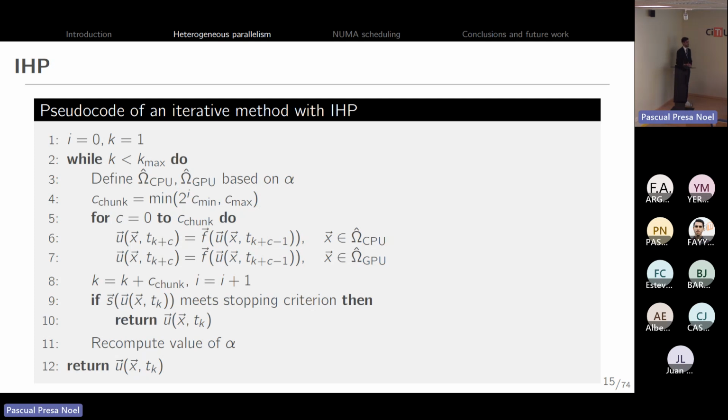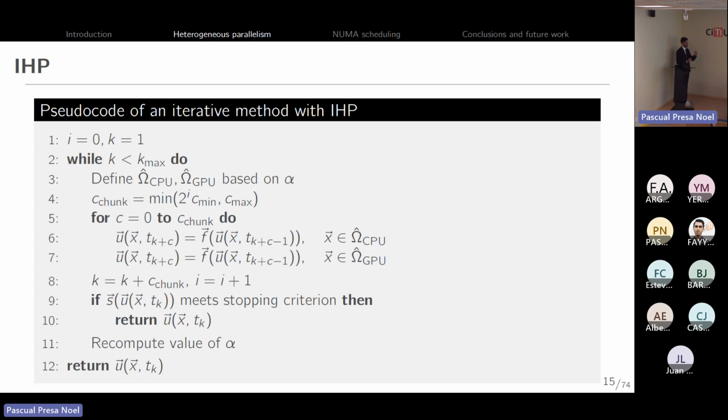Entonces, el usuario tiene que proveernos eso y también su posición puede tener influencia en estos valores de C mínimo y C máximo, dependiendo de su aplicación.